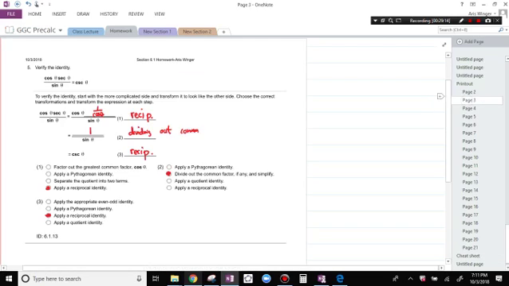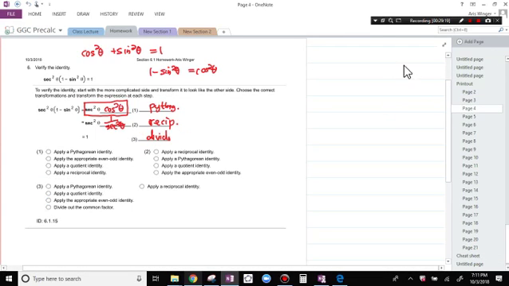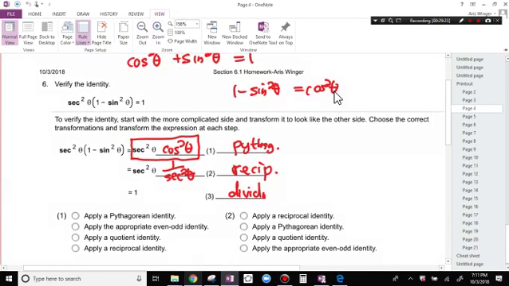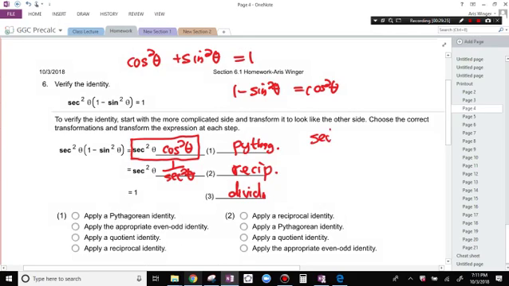So when we go back here, when you see secant squared theta times cosine squared theta, it becomes secant squared theta times 1 over secant squared theta.